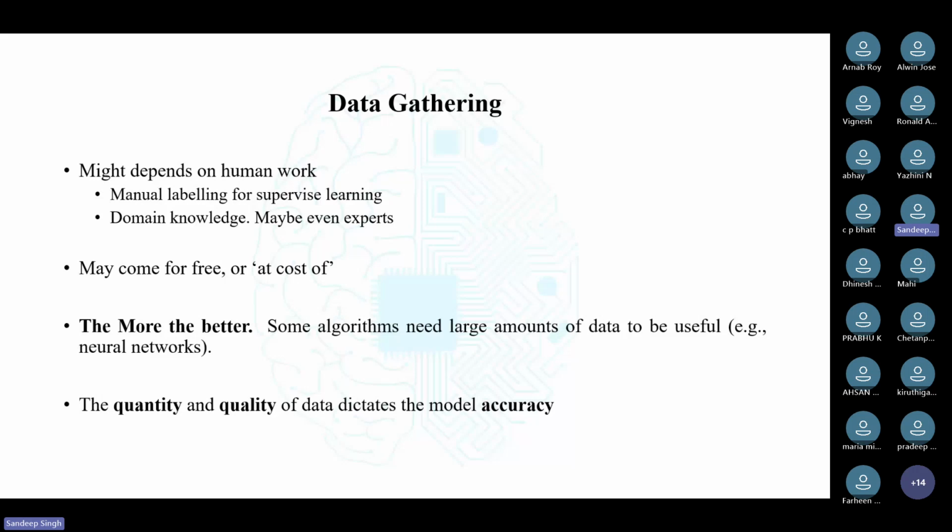If you are going to do any segmentation, the minimum number of patients you require is around 450 to 500. But the quantity and quality of data, if it is good, then only your model is going to give good accuracy and good values for the different parameters you are evaluating.